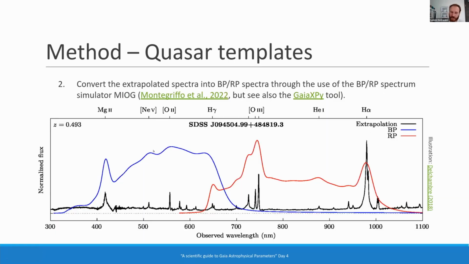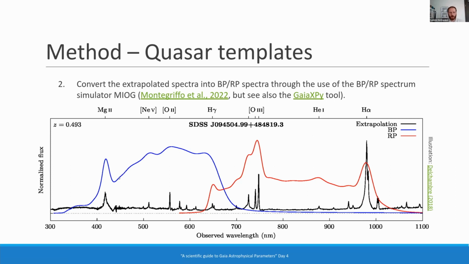Once we have these extrapolated templates, we would like to convert them into simulated BP and RP spectra. For this purpose, we use the internal simulator that is closely related to the Gaia XPy tool. This is something you can do at home, also converting spectral energy distributions into BP and RP spectra.